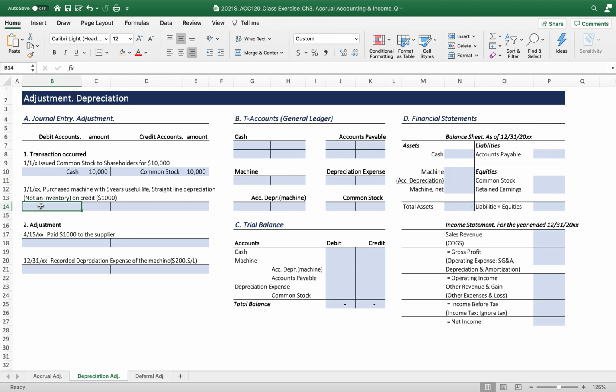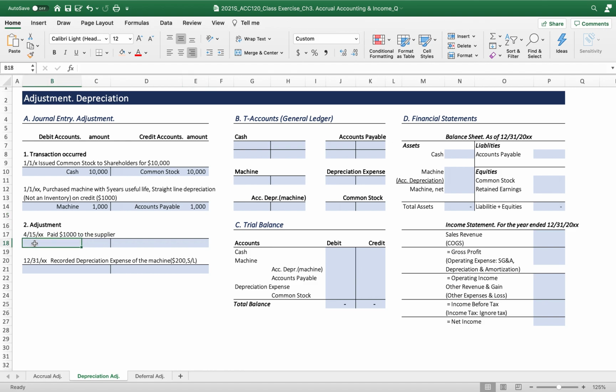So how do we record? Machine $1,000 value, and then accounts payable, because it's a credit transaction. So $1,000 purchased on credit. Then the adjustment: April 15th, the company paid $1,000 to the supplier.